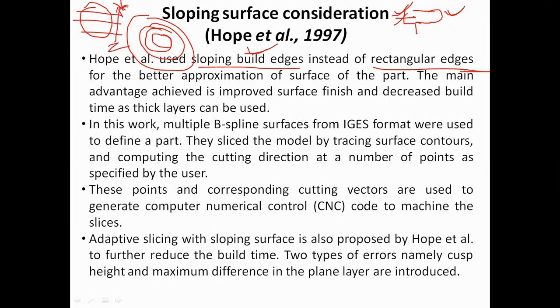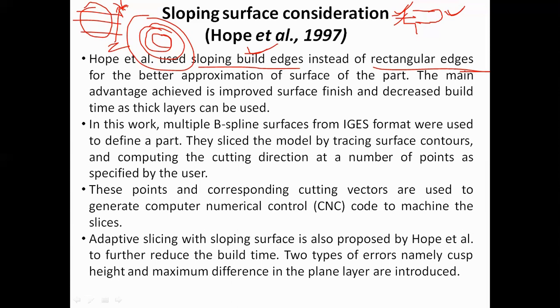Based on the contours, you could define the X and Y axis movement, and the Z axis was adapted with respect to the layer thickness that we were taking. So the Z axis height was approximated equal to the layer thickness that we were going to take.